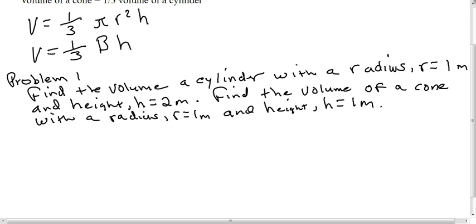So we'll take the volume of a cylinder first, just so you can see how they compare.